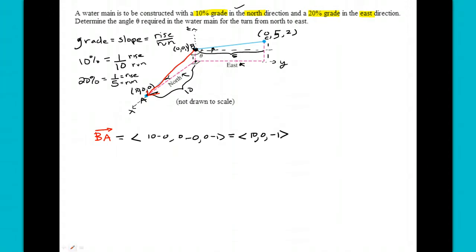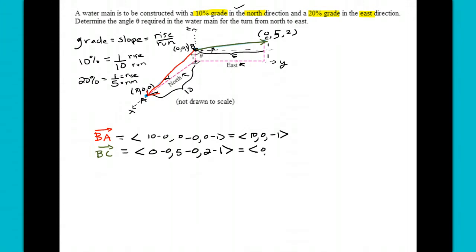Then we go get the vector from B to C. The vector with the initial point B and the terminal point C will be found by taking C's coordinates and subtracting B's coordinates. So we have 0 minus 0, 5 minus 0, 2 minus 1.